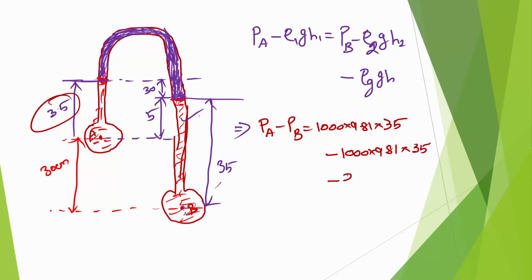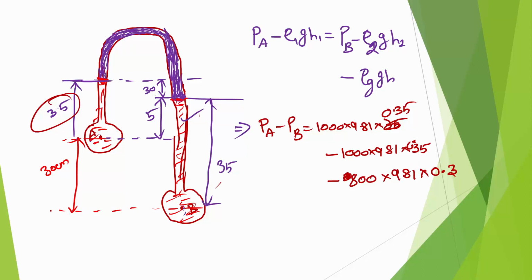minus rho g, where the oil that has been used is of specific gravity 0.8. So 800 into 9.81 into 30. Again, all are in centimeter, so this will be 0.35, 0.35, 0.3.